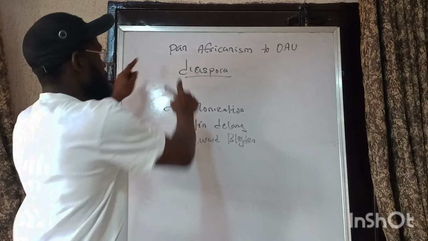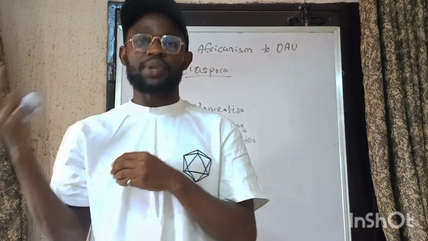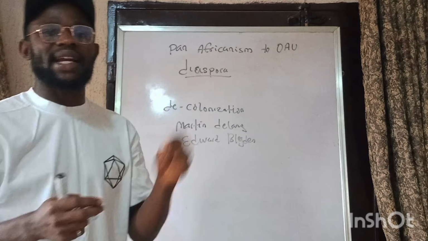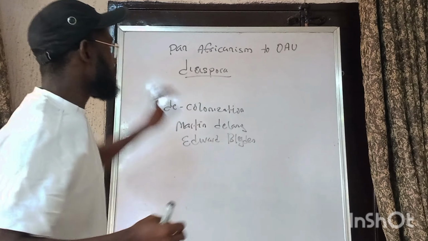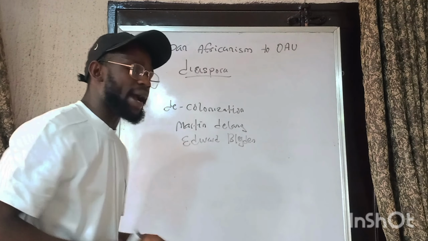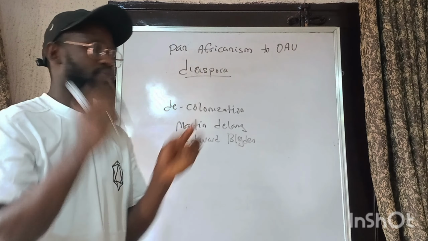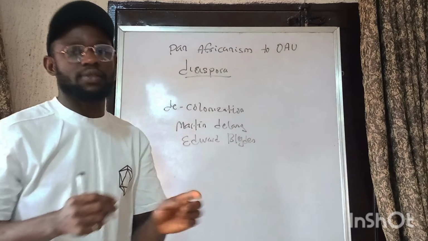So let's explain Pan-Africanism. Pan-Africanism involves a group of persons that you can call Pan-Africanists. Now, what is Pan-Africanism? It's an idea that was formed by Africans in diaspora, outside Africa. And there are 2 reasons for it.